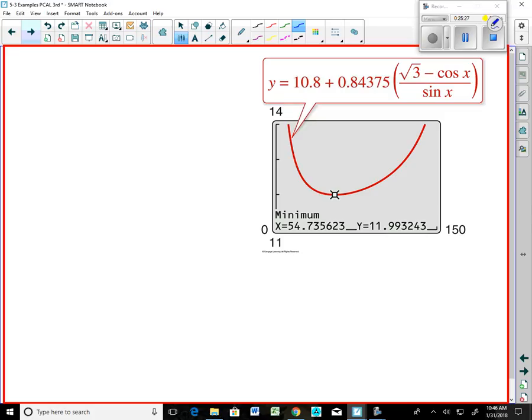And the question asks, what was the angle at which you'd have the minimum surface area? So the minimum surface area is going to be where you have a minimum there. With these calculators, I don't think they give you a minimum or a maximum, but you can use a table of values to estimate where that is.